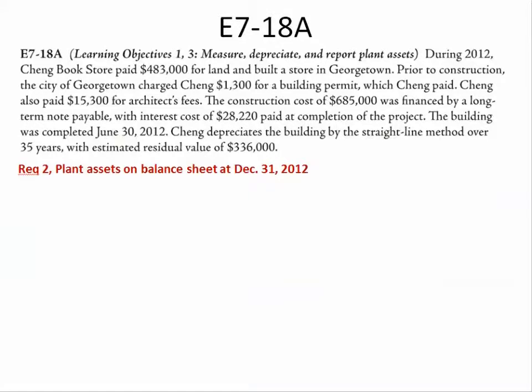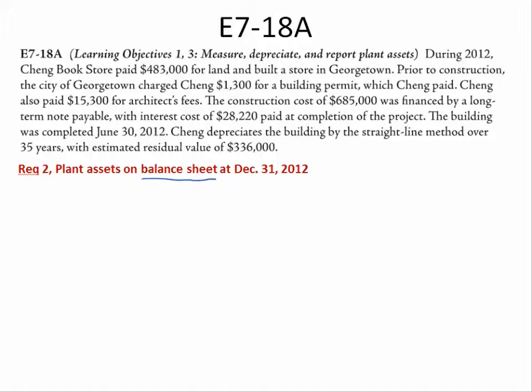Now we go down, and it asks us to show how the plant assets will be reported on the balance sheet at December 31st, 2012. So we're doing the balance sheet.